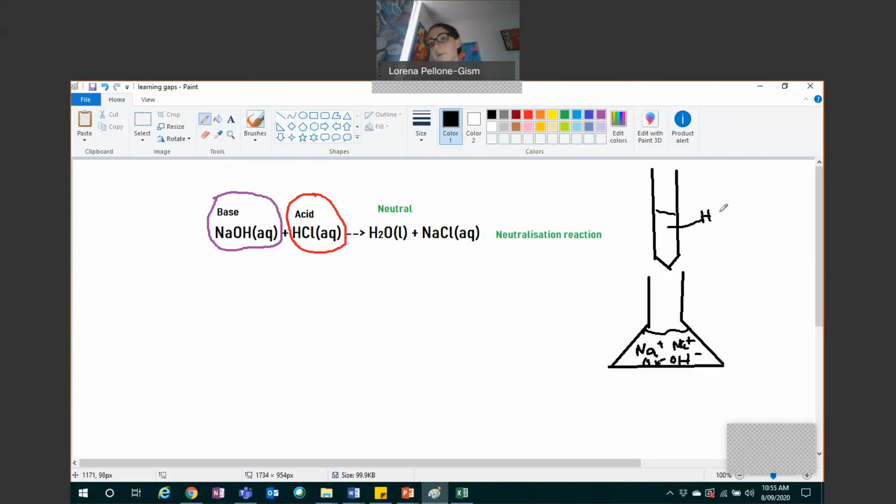Remember that the HCl is separated into H plus and Cl minus, and in reality, hydronium. What's going to happen is the H plus will come down and form water. So the first one comes down, reacts with the hydroxide and forms water, and the chloride will just sit there. At this stage, the pH is still basic. I'd like you to write down this titration curve. This is called a titration curve.